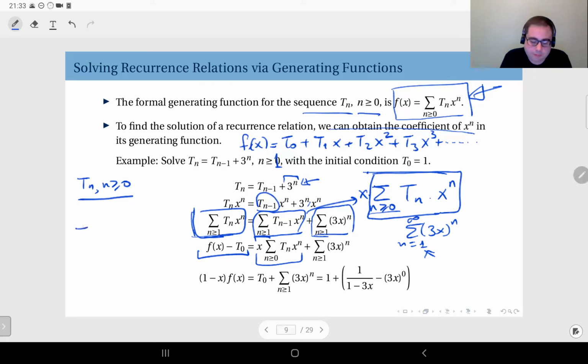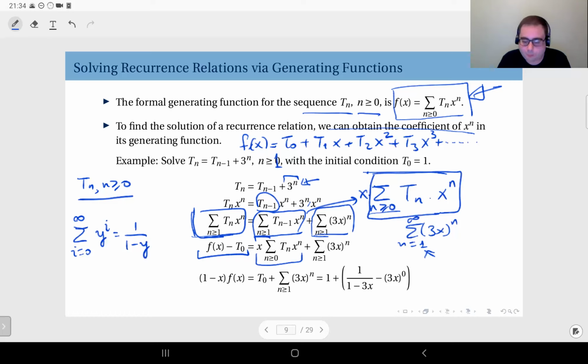Because if you remember, summation from i equals 0 to infinity, some number, let me call this y, to power i is equal to 1 over 1 minus y, provided that y is in magnitude less than 1, but here, that's not our concern. If you remember, the convergence properties of the sums here is not our concern.